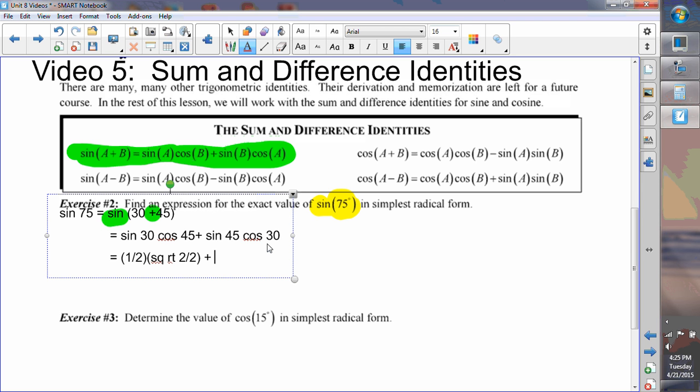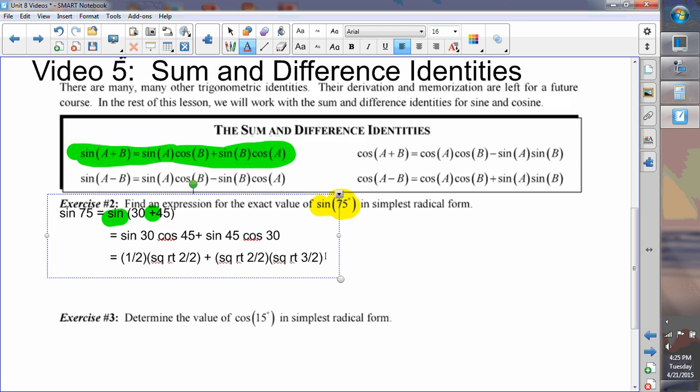Plus the sine of 45, so this is the square root of 2 divided by 2, times the cosine of 30, which is the square root of 3 divided by 2. And that should not be, I just had an extra parenthesis.